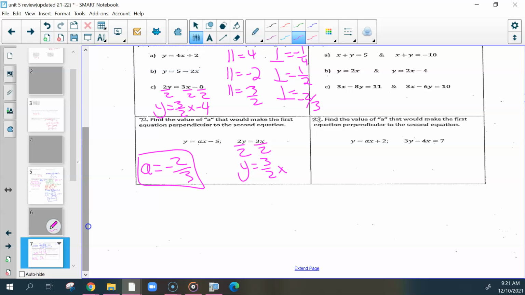23 is the same thing. We have to solve this equation or convert it back to slope-intercept form first. Add 4x to the other side. Divide everything by 3.